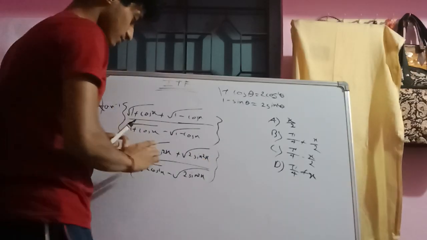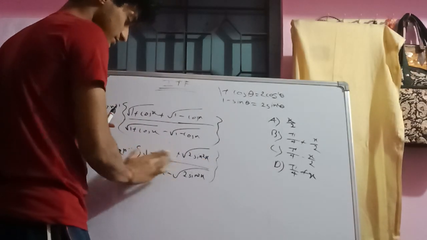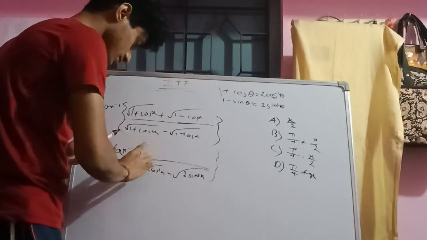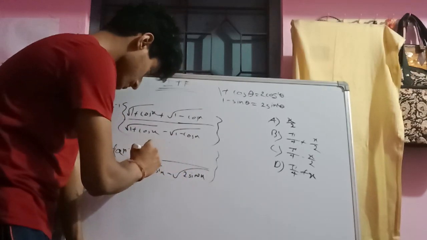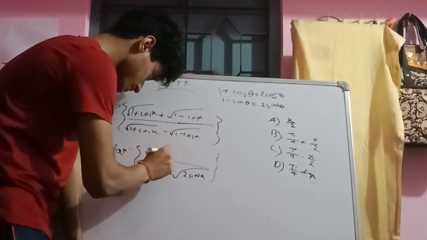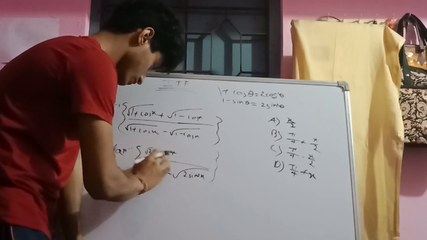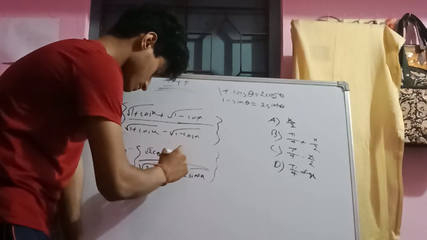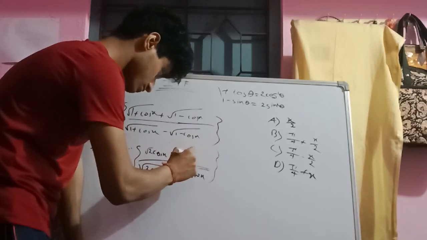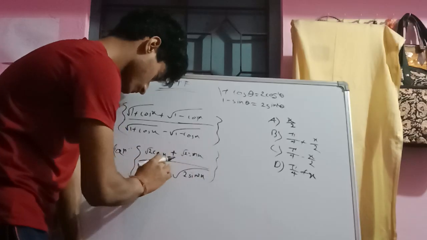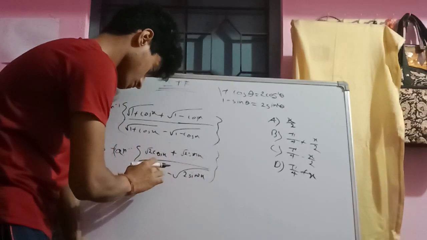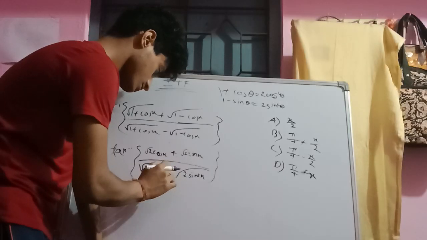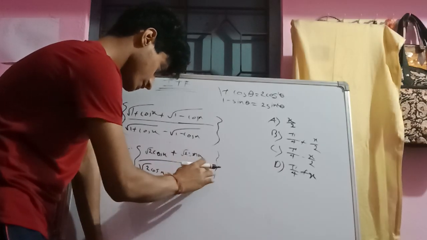Okay, now this can be rewritten as root 2 cos x over 2 plus root 2 sin x over 2 in the numerator, and in the denominator as well we would have root 2 cos x over 2 minus root 2 sin x over 2.